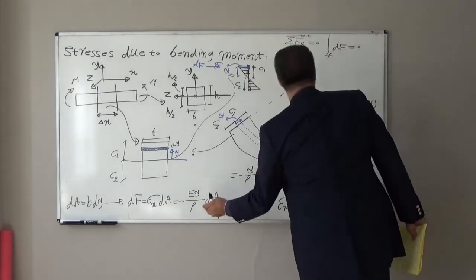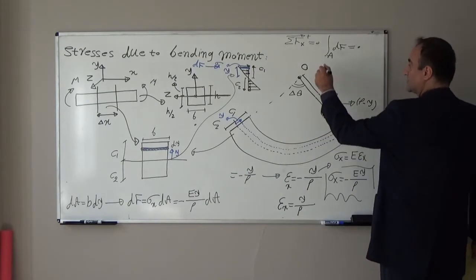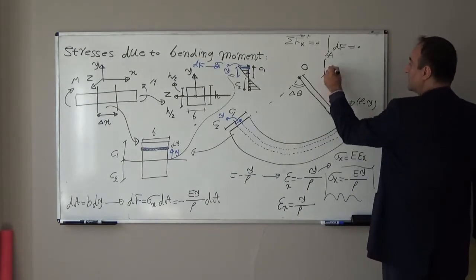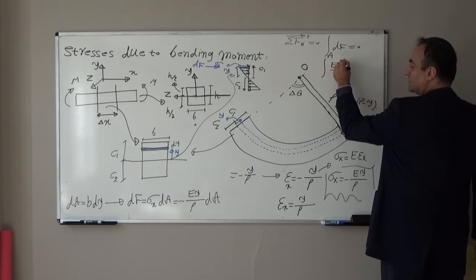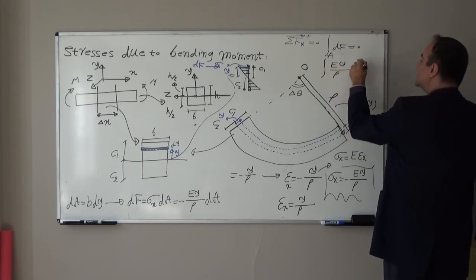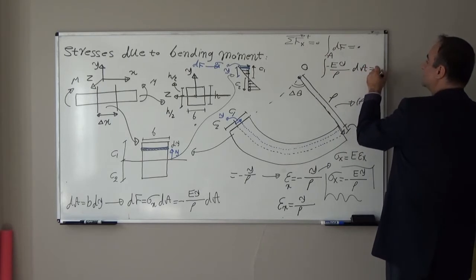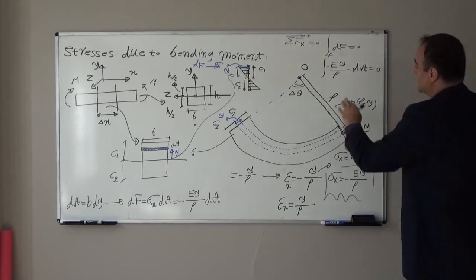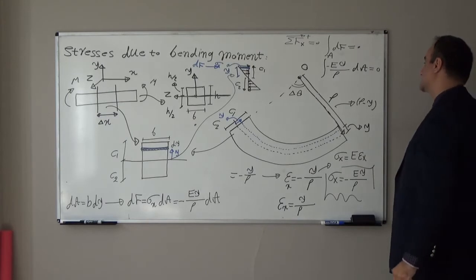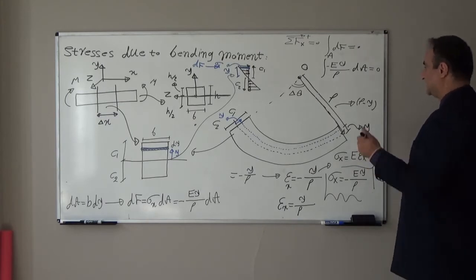This will be the integration of E y over rho dA, with the negative sign, equal to 0. E over rho is constant, so we can pull it out of the integration.